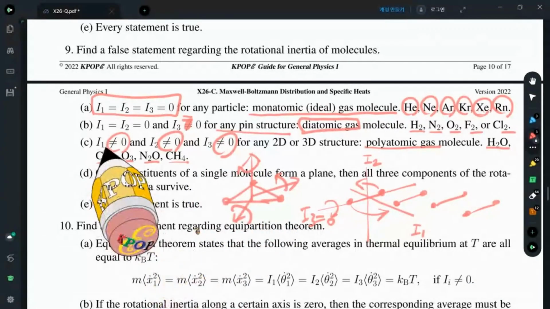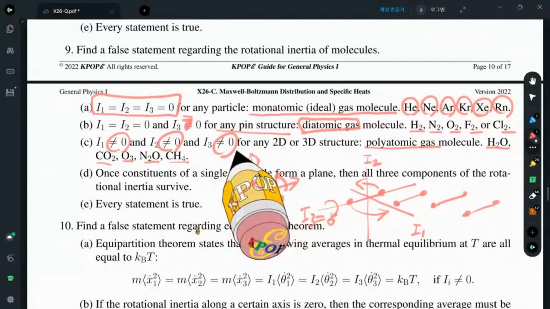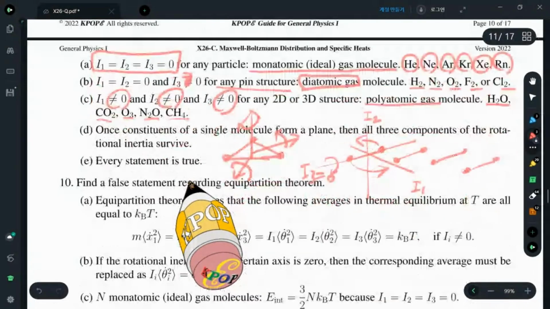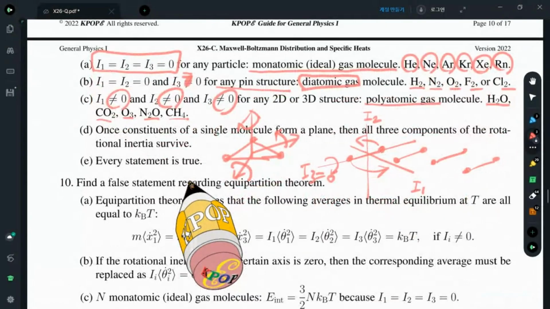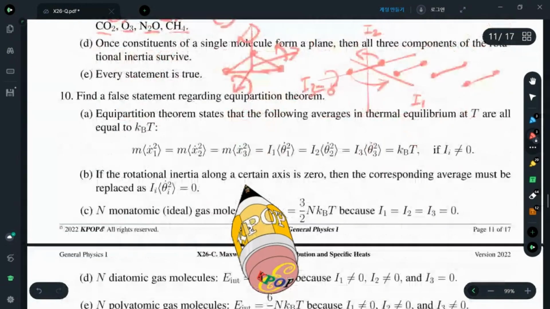Therefore, in that case, 3 axes contribute to the rotational kinetic energy. Once constituents of a single molecule form a plane, then all 3 components of rotational inertia survive. That's correct.